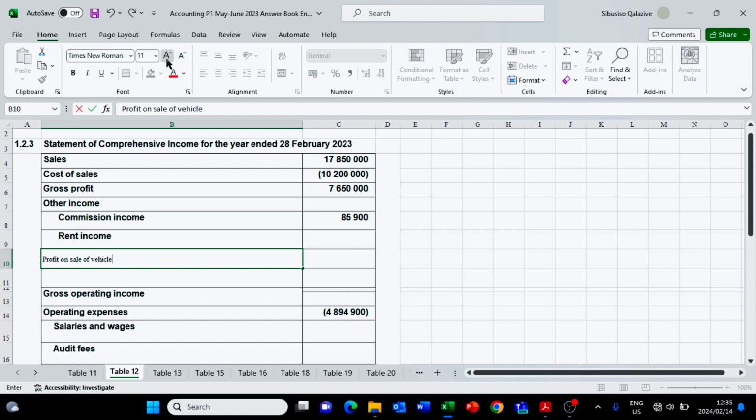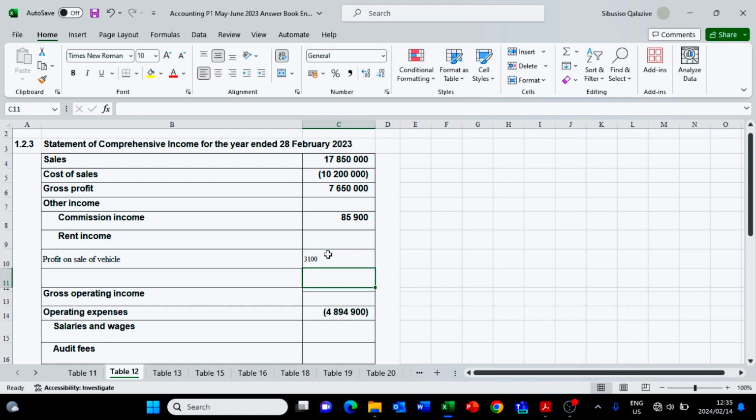Let me increase. Profit on sale of vehicle. So it's going to be 3,100 as calculated below. 3,100. I hope we are together on that one. 3,100.